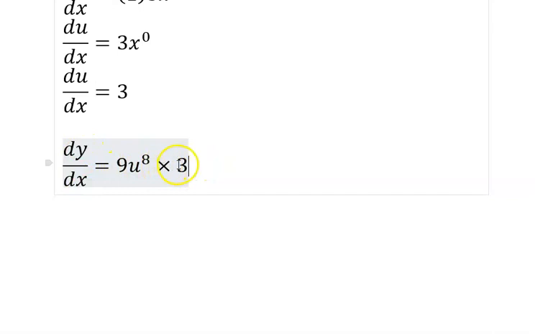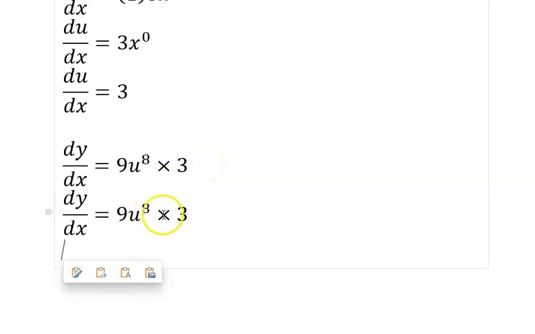So 3 times 9 is going to give us 27. So we are left with 27u to the power 8. Awesome.